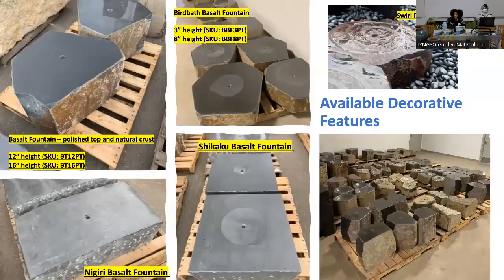Here are some examples of the water features that we provide here at Lyngso. We have a lot more options than what you see here. They can vary based on shipment, depending on the style, but all of our stone is naturally sourced. Most of it is basalt, which can be very heavy and last lifetimes.